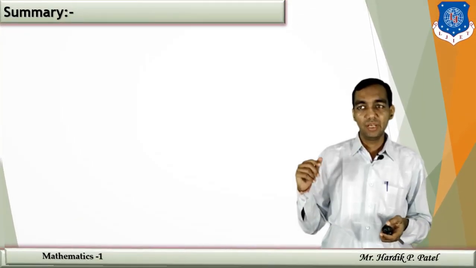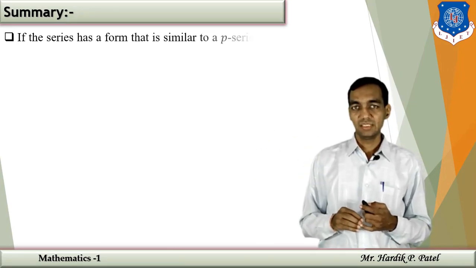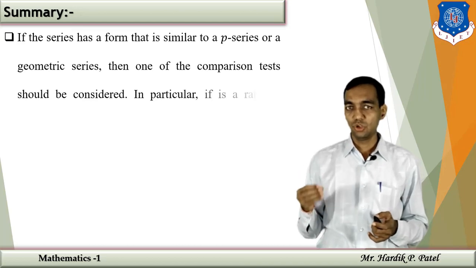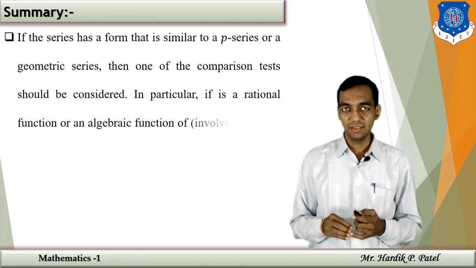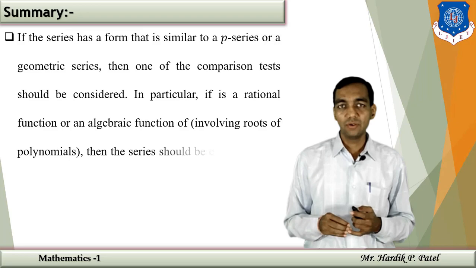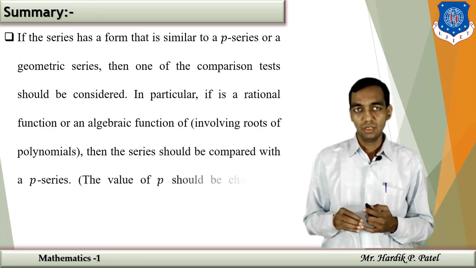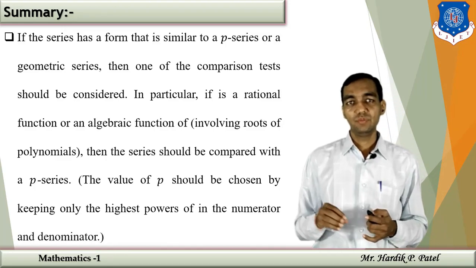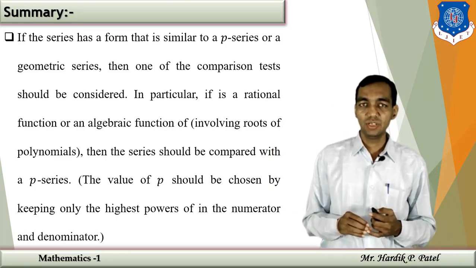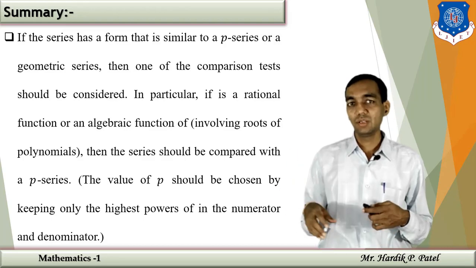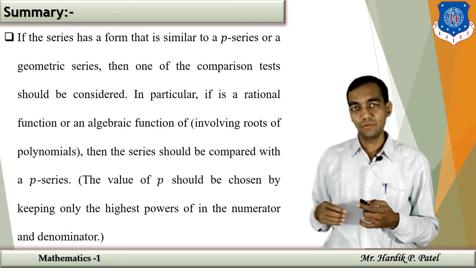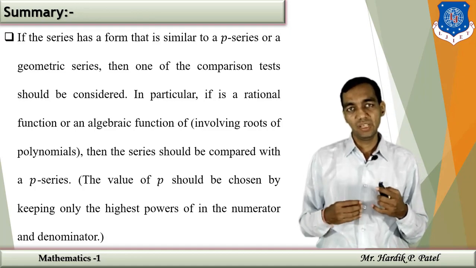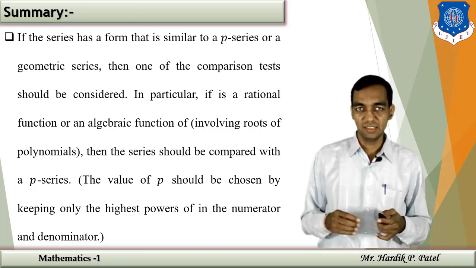Now, in the same manner we are going with a comparison test. For the comparison test, we are going to use the geometric series or the p series, correct? In particular, if you are given any rational function, that means the numerator is in algebraic form and the denominator is also in algebraic form, involving polynomials as well as any power of n, then we generally start with a p series and use the comparison test.